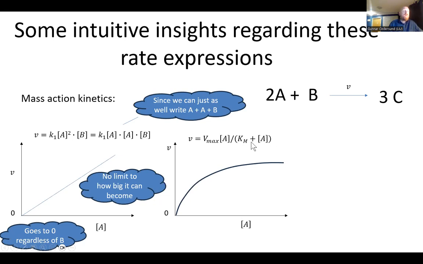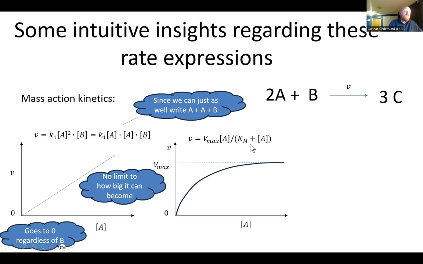And then this denominator here will basically be A. So it will be A divided by A plus something very small. So it's essentially A divided by A, that's just 1. So then this will be 1 times V max. So this expression never gets bigger than V max. It approaches V max. And that's why it's called V max, because it's the maximum value of V.